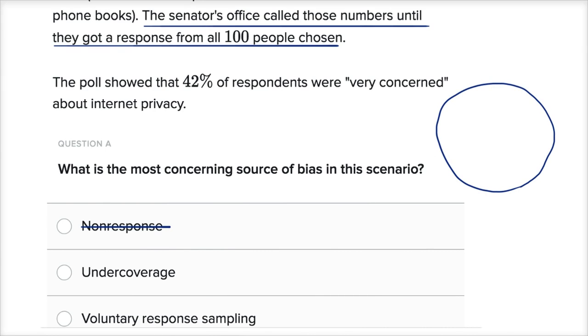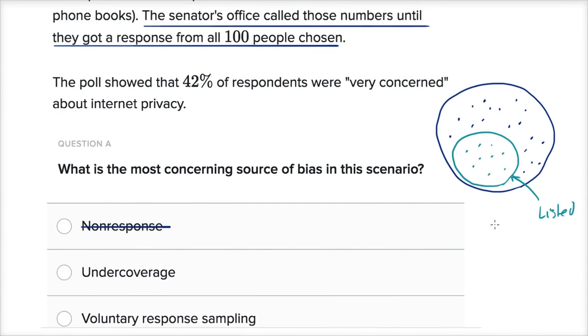But instead we sample from the constituents who happen to be listed in the phone book. So these are the people who happen to be listed in the phone book. And so we're not sampling from people who are not in the phone book, who maybe have landlines and they're unlisted, and we're not sampling from people who don't have landlines, who only have mobile phones.